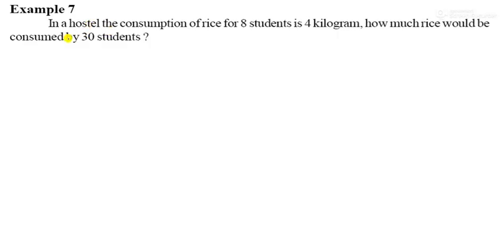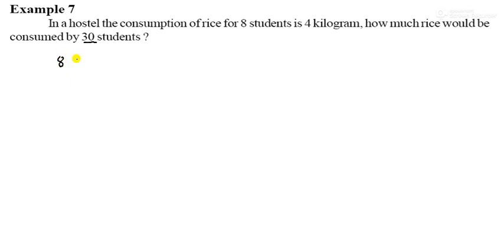Now example 7. In a hostel the consumption of rice for 8 students is 4 kilogram. How much rice would be consumed by 30 students? So how can we solve this? You can see here.